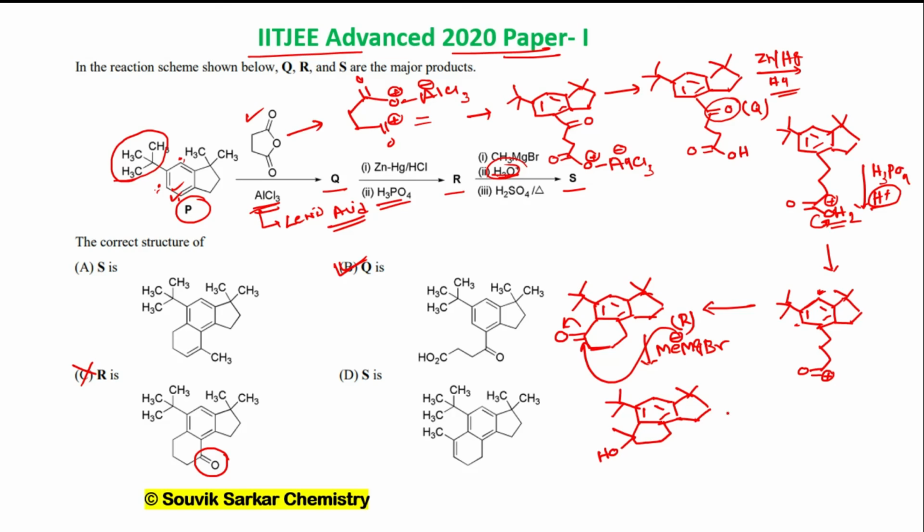Okay. So here it is further reacting with H2SO4 and heat. So when we react this with H2SO4 and heat, it will form OH2 positive here, and after elimination of water, it will form a cyclic double bond system.